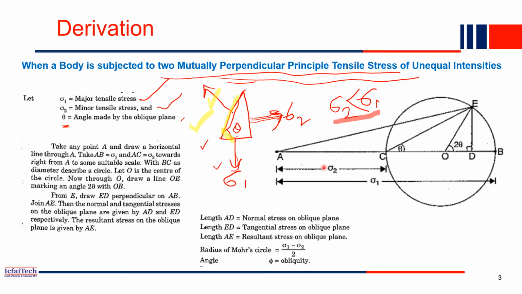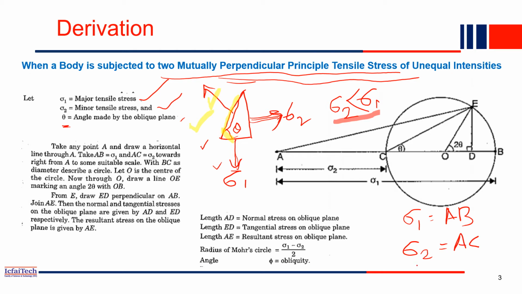And then from C we have to draw a circle. So C to B is basically sigma 1 minus sigma 2. So AB is your entire sigma 1. Just let me write here. Sigma 1 equals A to B, and sigma 2 is A to C. Then what is this portion?